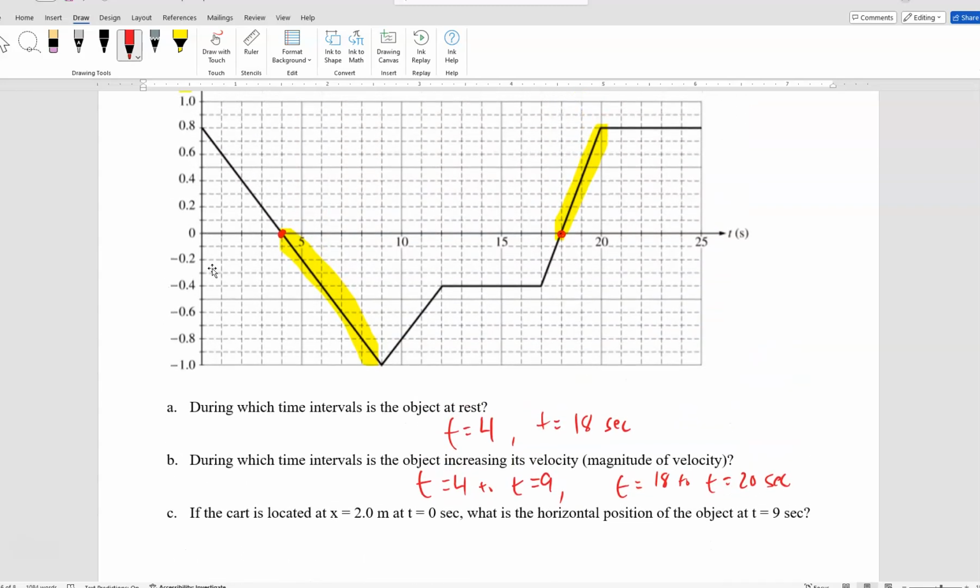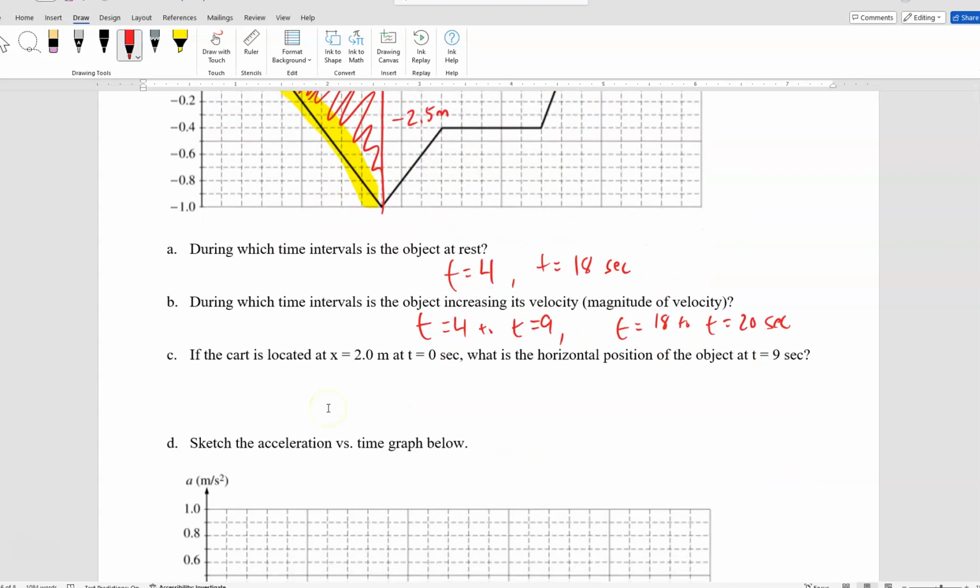Well, what I did was I said, all right, it's a velocity versus time graph. I can figure out where it went here by figuring out that area, which I found to be 1.6 meters, positive 1.6 meters. And then I found the area here from t equals 4 to t equals 9, and I found that that's in the opposite direction, so negative 2.5 meters.